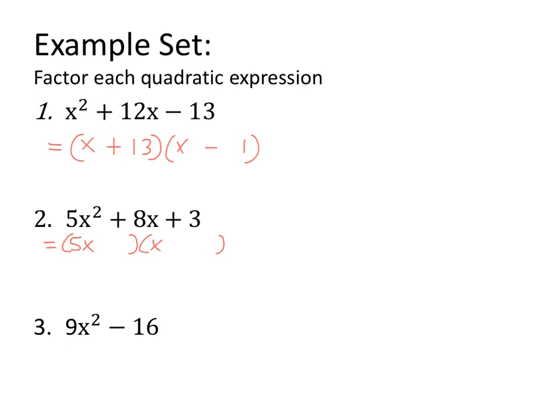So I'm going to first put the 1 there and the 3 there, because remember 1 times 3 is 3. But when I multiply out, I'll do 5 times 3, which is 15, so I'll have a 15x, and then a 1 times x, which is a 1x. There's no way that's going to add up to 8. So let's erase that and see what else we might be able to do.